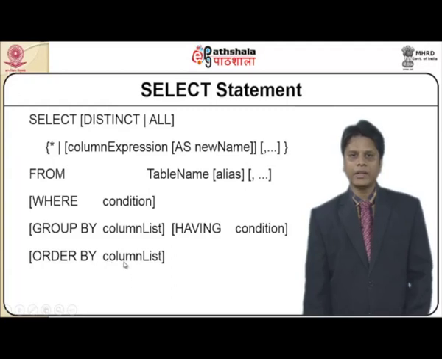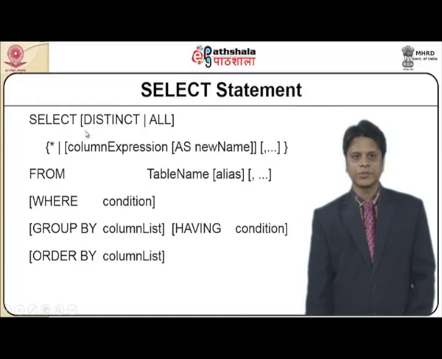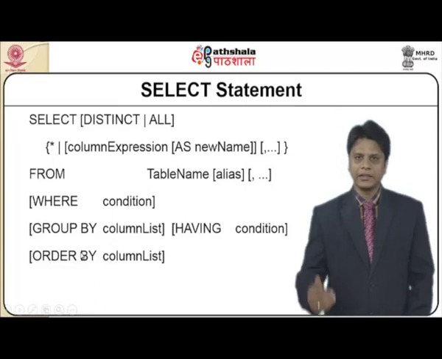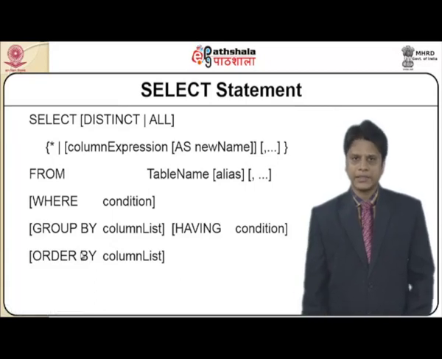So if you look at the generalized statement syntax of the SQL language, it would indicate select, from, where, group by, having, order by as a standard list of syntax.